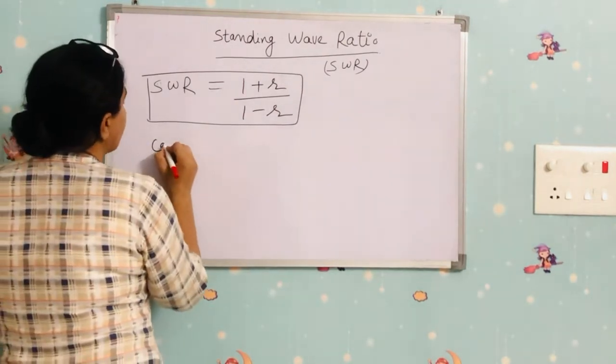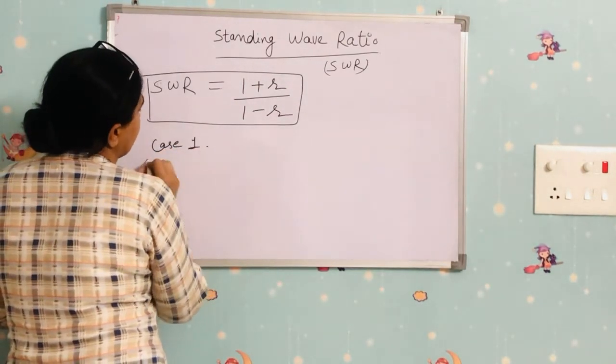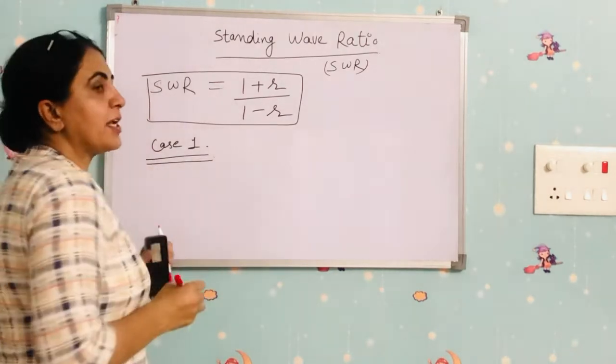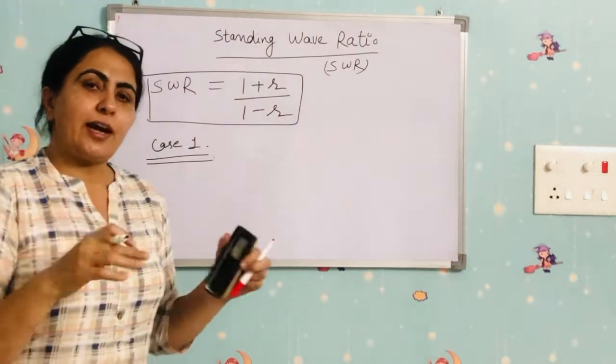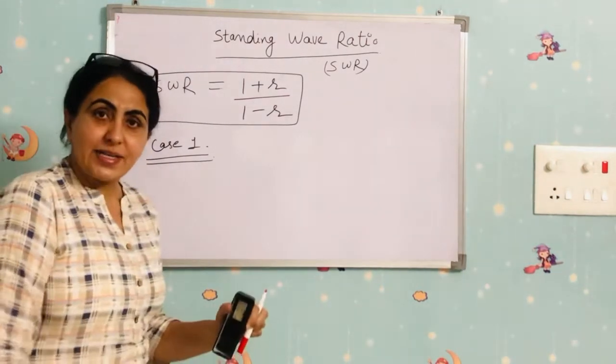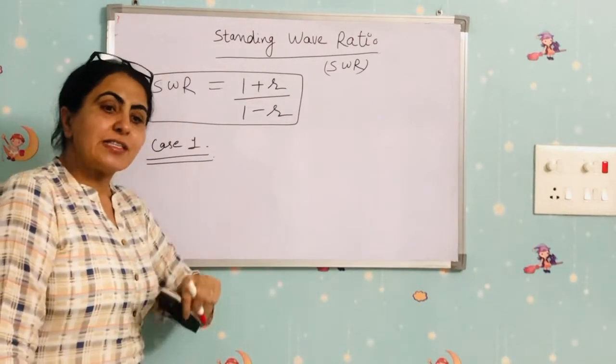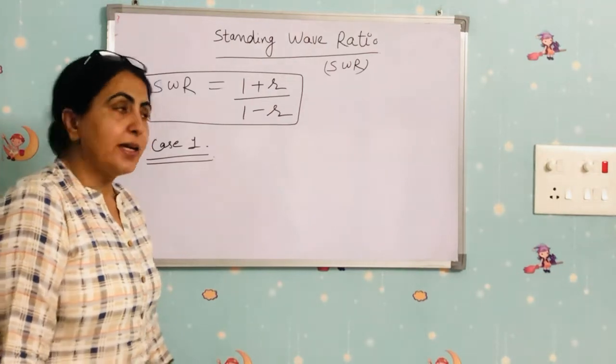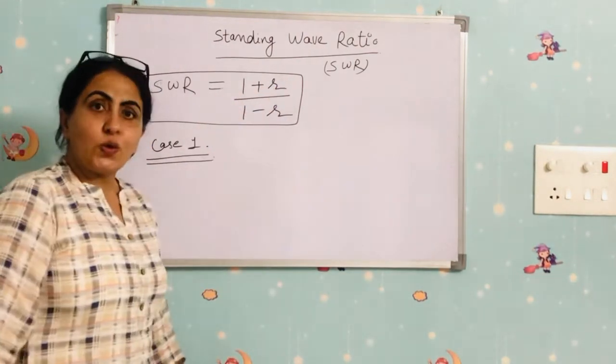Now, cases arise. First case: if the wave is fully 100% reflected, then R will be equal to 1.